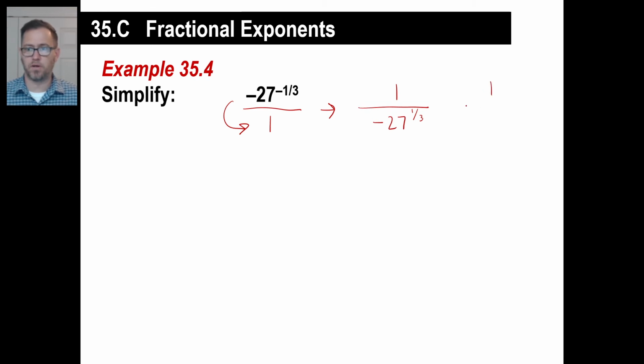So this is going to be still 1, of course. And this will be the root of this negative 27 here. And then don't forget your 1 goes there and your 3 goes there. So the question they're asking you is, what is the cube root of negative 27? Well, what number times itself, excuse me, times itself 3 times gives you negative 27? And of course the answer is negative 3. So there, that's it. That's all you do.